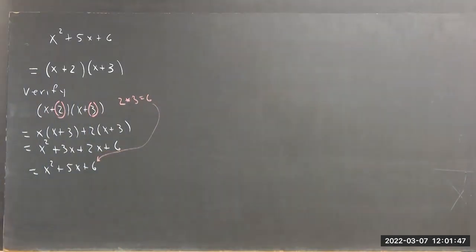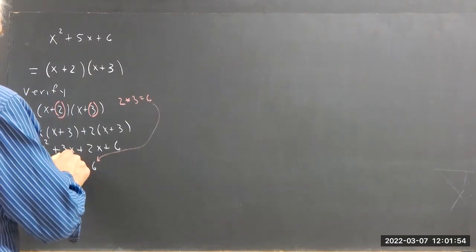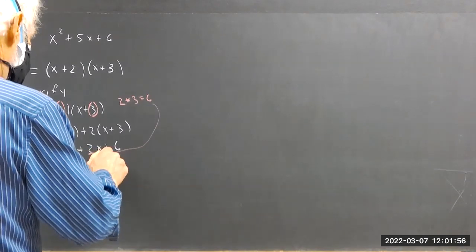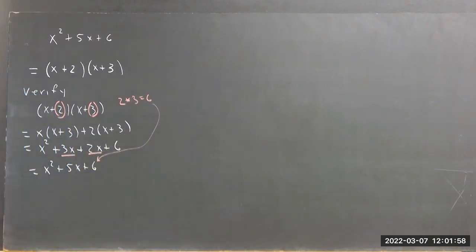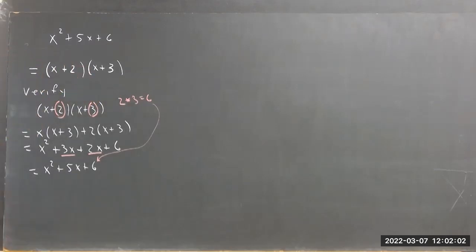That's where the 6 came from, right? Now the 2 and the 3 up here are my 3x plus 2x, because we're going to have this times x, and we're going to have this times x.